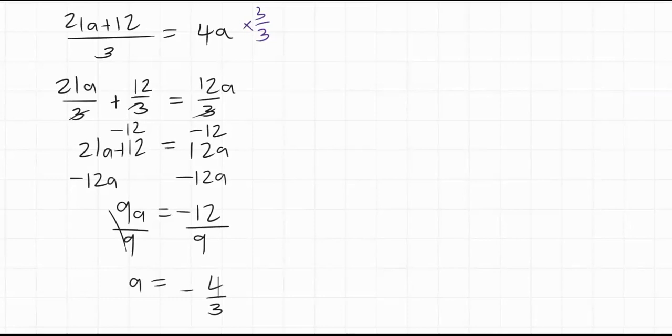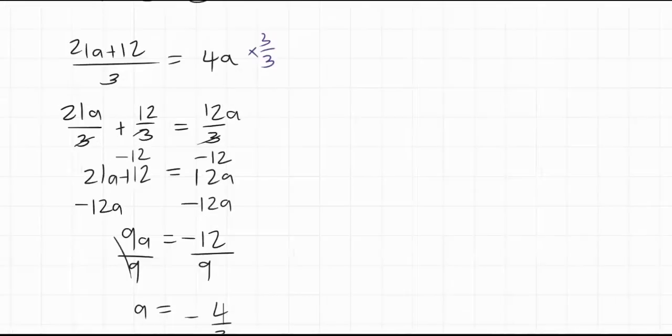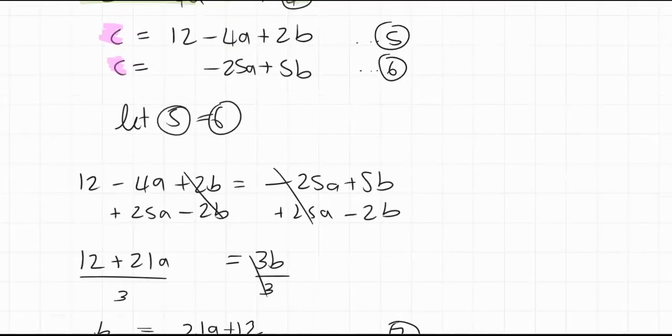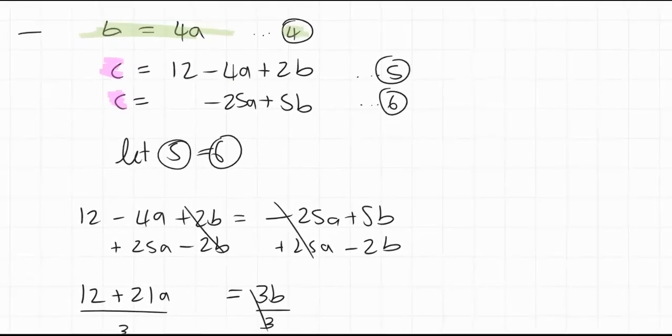Right, we finally have one of them. A is minus 4/3. When we sub into an equation that only had B in. So we had this one. I think it was equation 4. Yes, equation 4. B equals 4A.